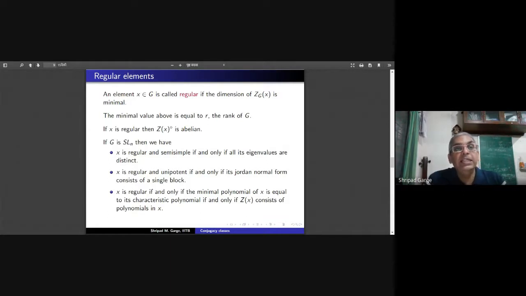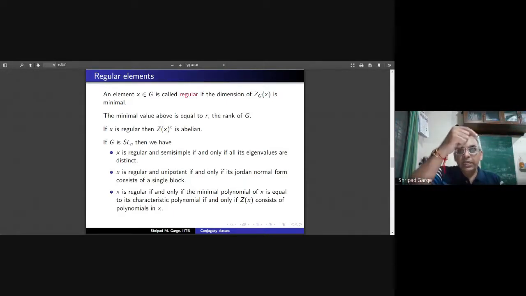Moreover, if G is SLN, then these are some very easy statements; we actually have done some of these in our tutorials without realizing. If your X is in SLN, regular and semi-simple, then we are asking that the dimension of its centralizer be minimal, equal to R. We have computed the centralizer of semi-simple elements in SLN.